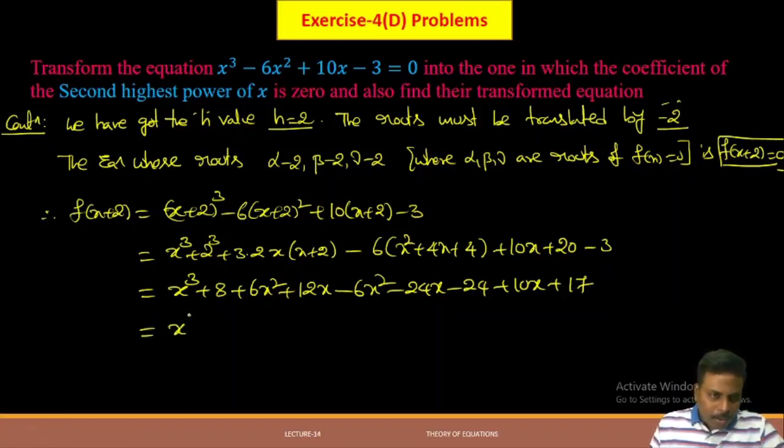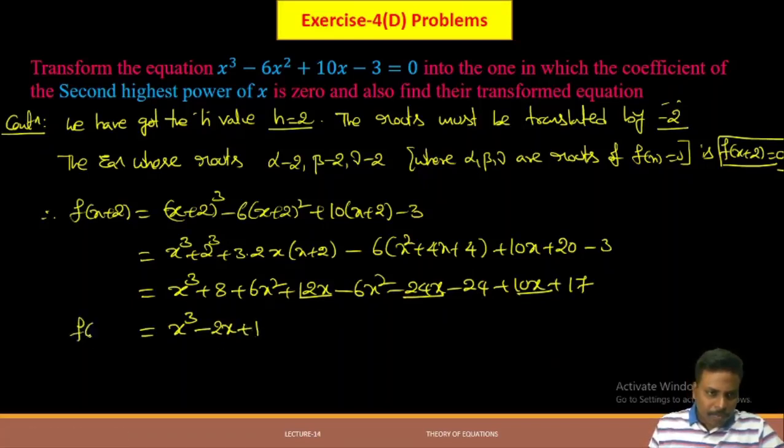Upon grouping the terms, 6x square minus 6x square gets cancelled. Now the x terms: 12x minus 24x plus 10x. So 10 plus 12 is 22, 22 minus 24 is minus 2x. 8 minus 24 is minus 16, minus 16 plus 17 is plus 1.